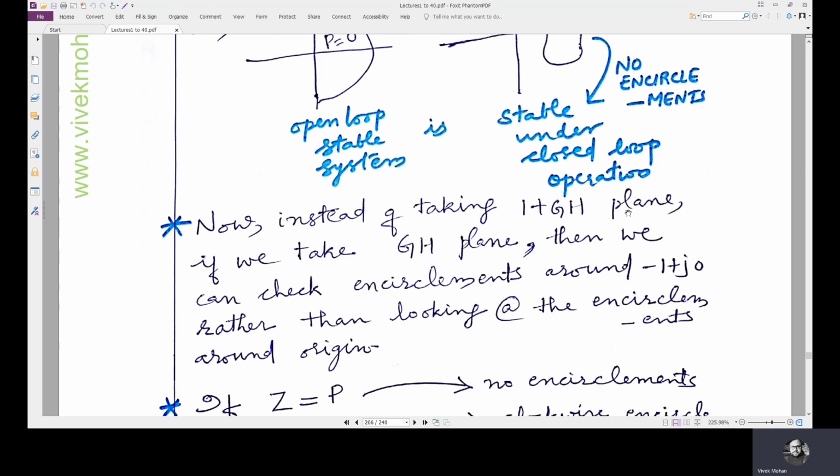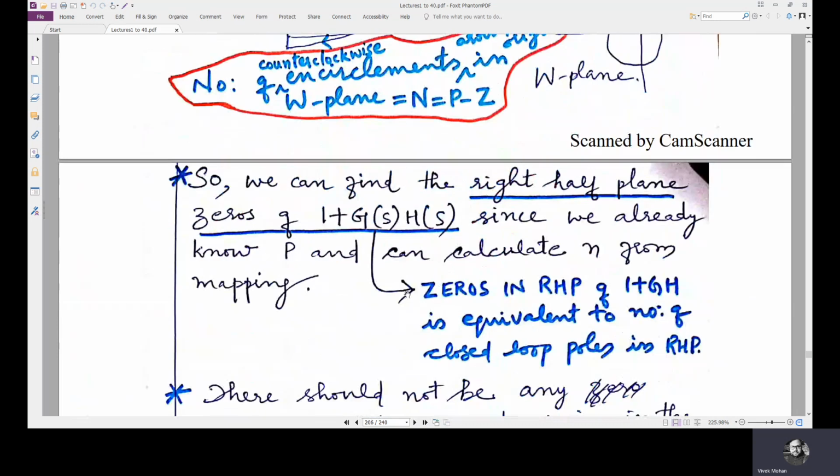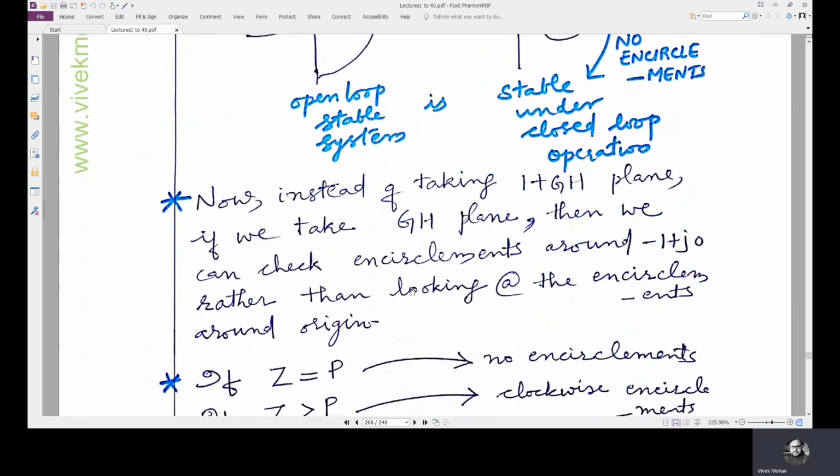Now, instead of taking the 1 plus GH plane, we can take the GH plane, because our function under consideration is GH. We started with 1 plus GH to relate the poles and zeros. Moving towards GH, corresponding to 1 plus GH equals 0, GH equals -1.